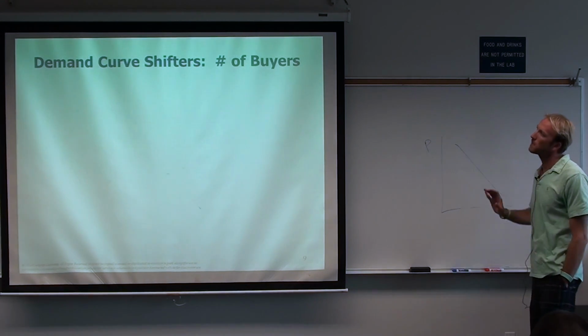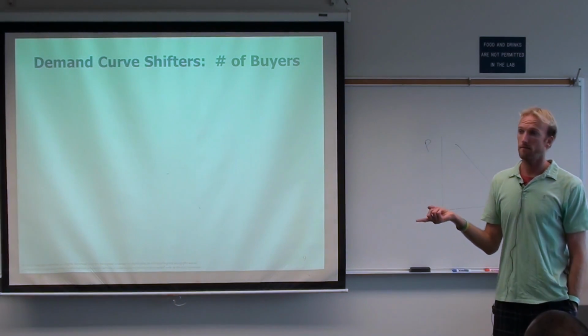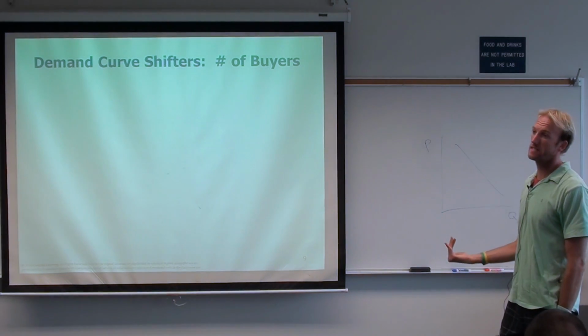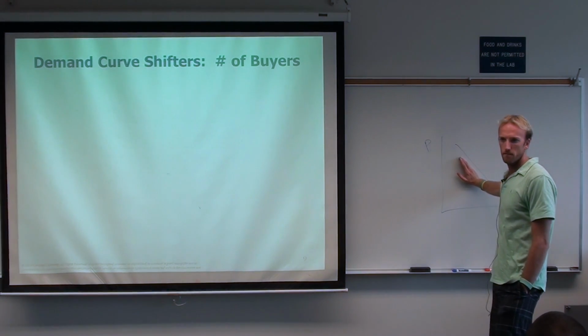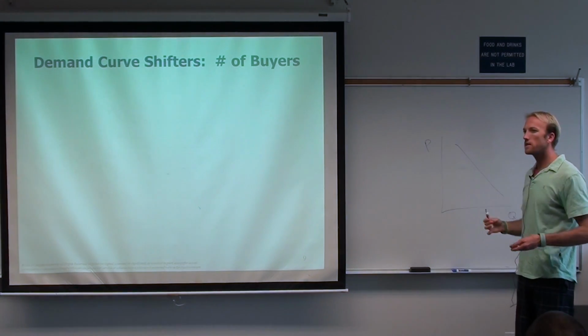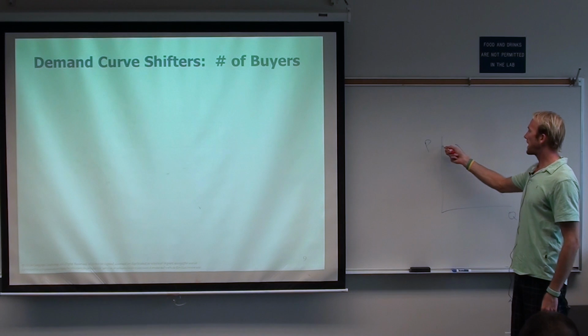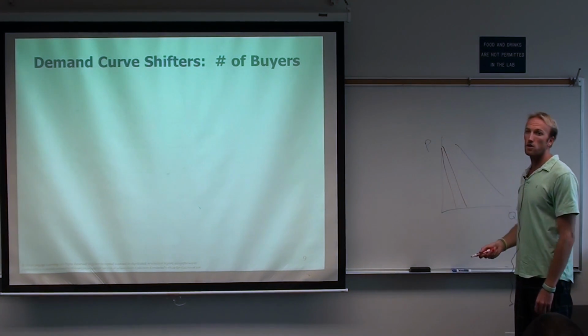Let's imagine the number of buyers in the market shifted, let's say it increased. How do you think this would change the market demand curve? To give you a hint, remember earlier we had Helen's demand curve, and then I think we had Ken's demand curve.